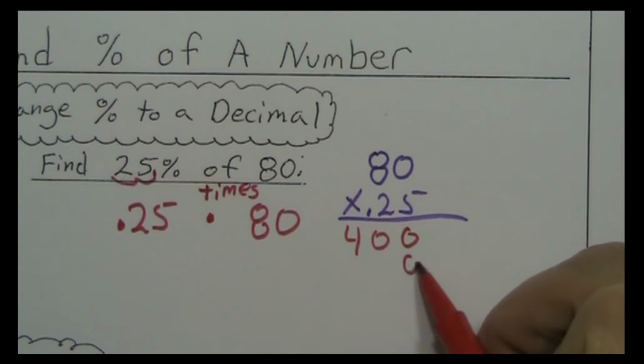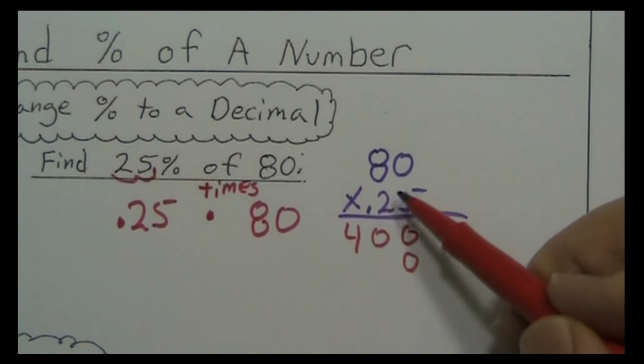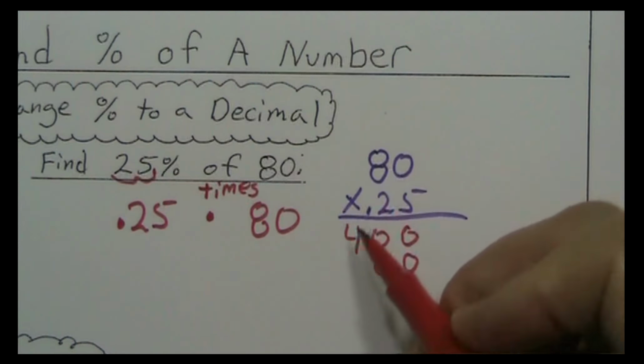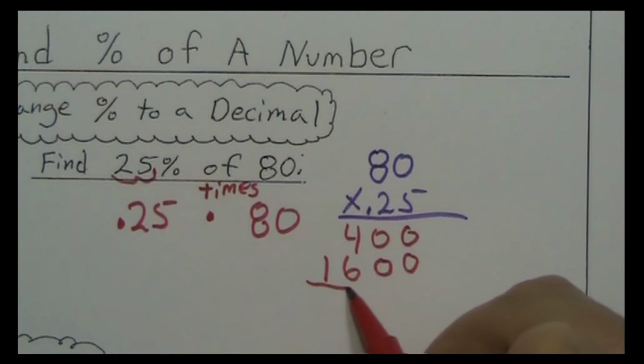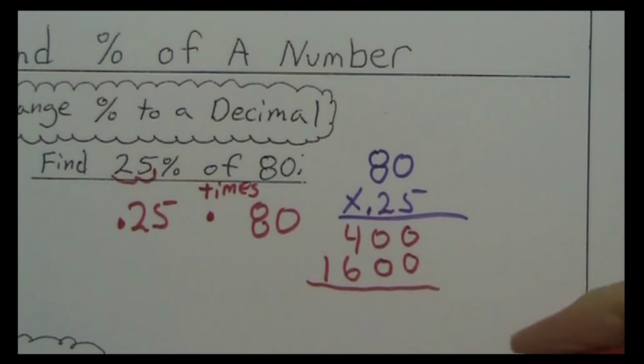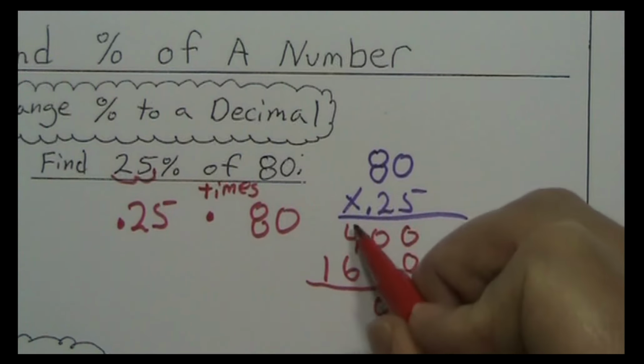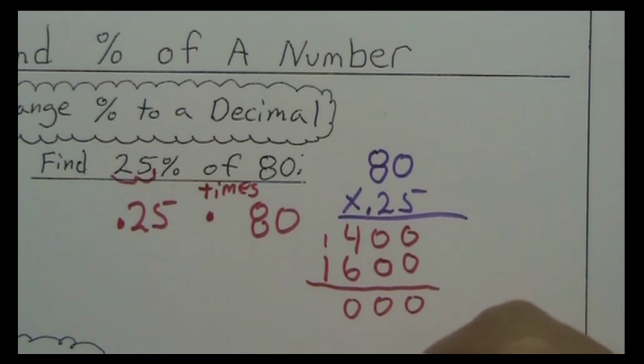I'll put a space holder in there. Now we'll do the 2. 2 times 0, 2 times 8, that's 16. So now I'll just add that together. 0, 0, 10, carry the 1, and 2.